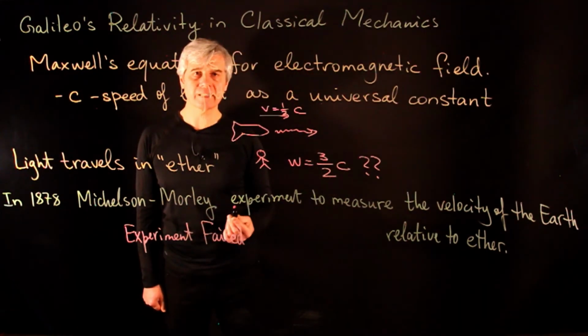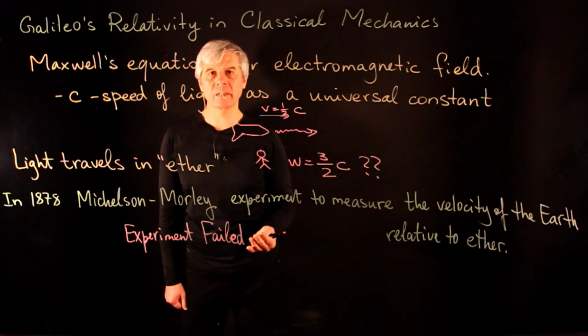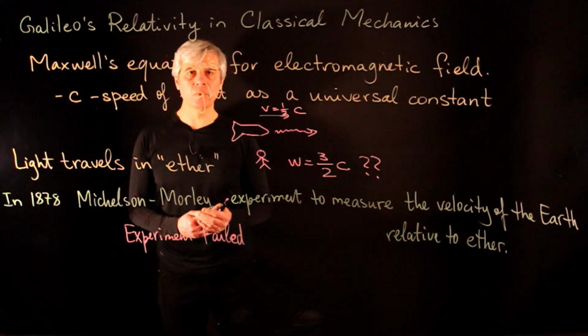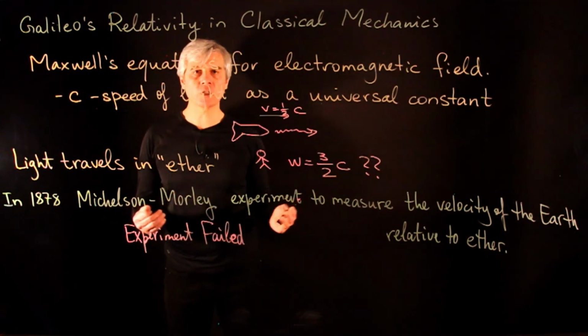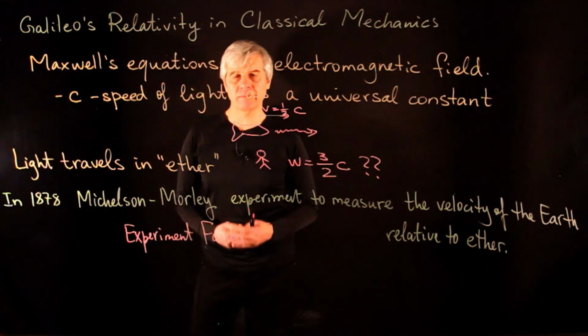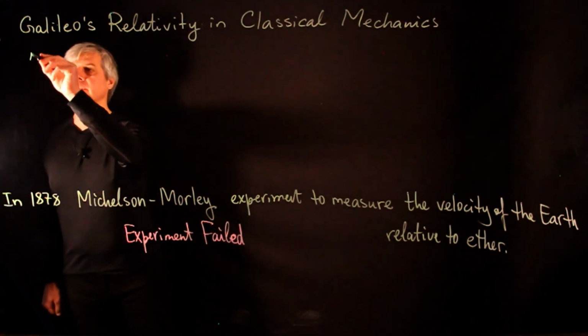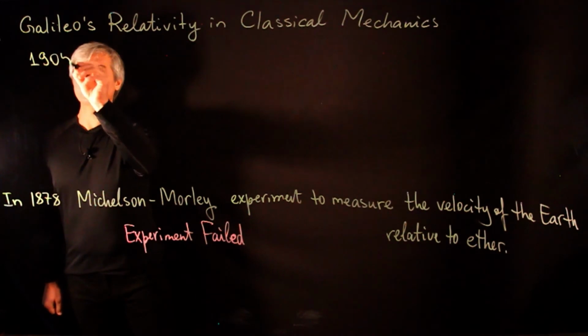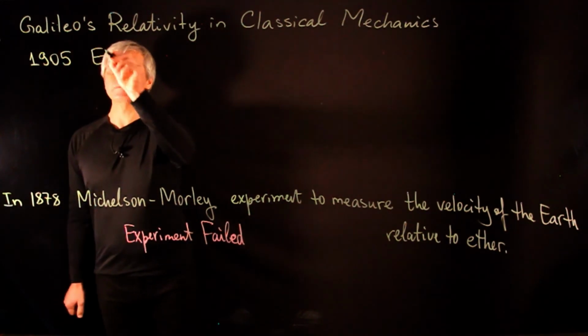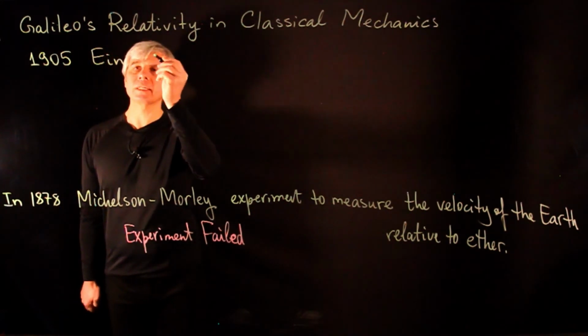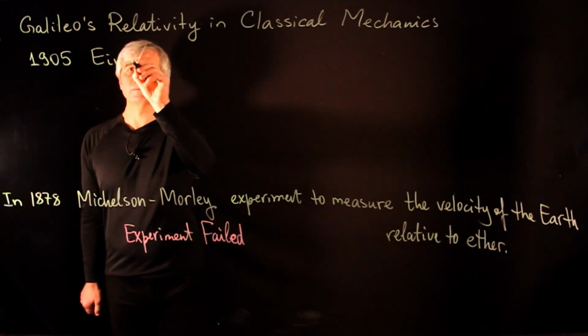This put physics in the state of a deep crisis, because now physicists no longer understood propagation of electromagnetic waves. This crisis was resolved in 1905, when Einstein proposed a truly remarkable special relativity theory.